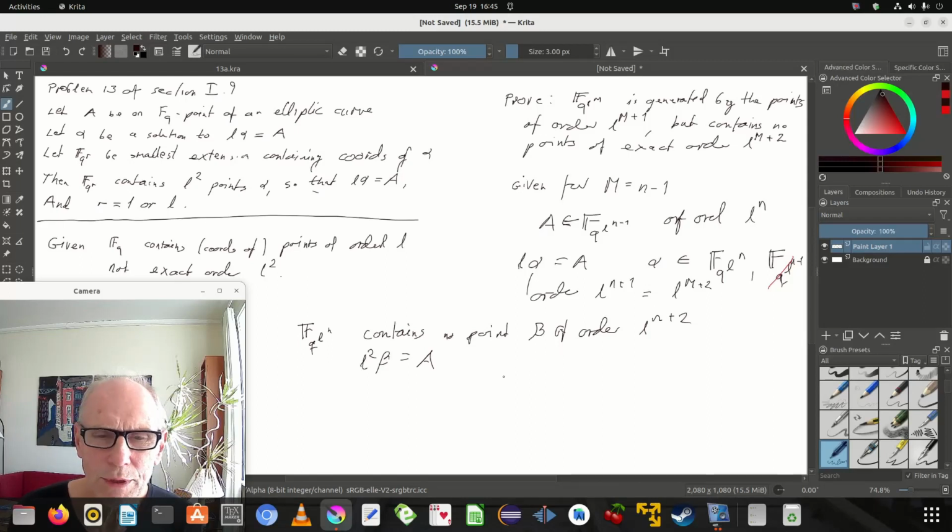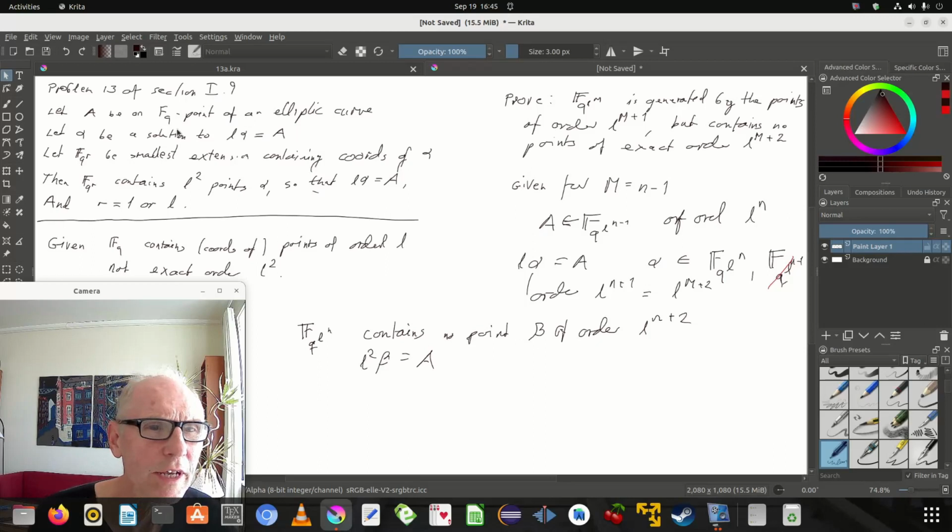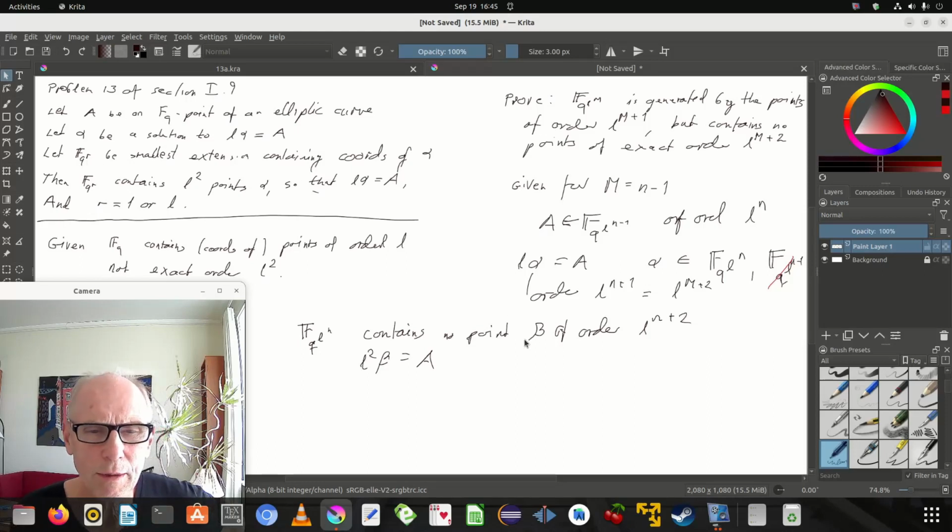And then the Galois group has order L. Oh, if it contains all of the points, or rather it will contain all of the points. So if we add the coordinates of any point, then the smallest field will contain all the points. I don't really know how many we've got, as this number squared.